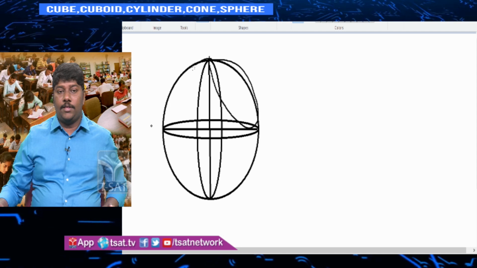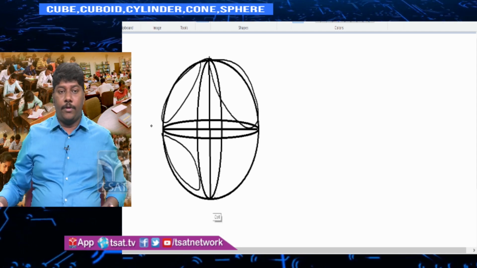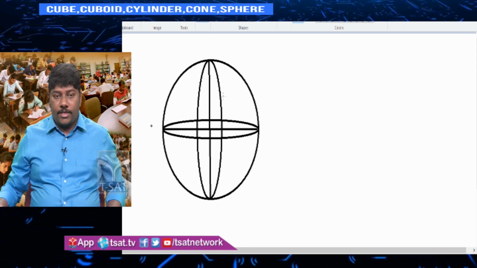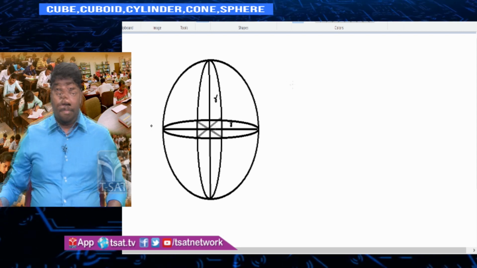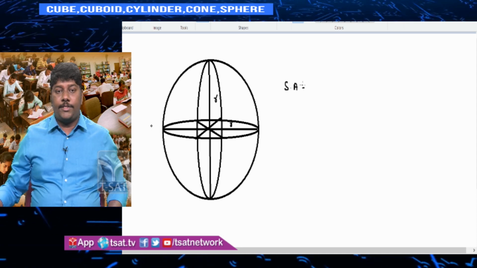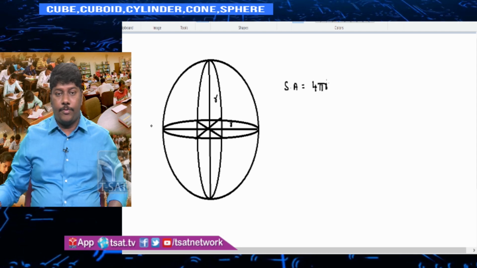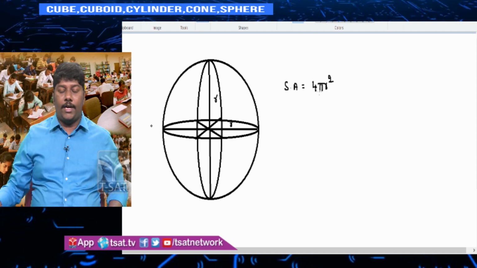This is one circle, circle 2, circle 3, circle 4. Remember these are all radius. The surface area of a sphere is formed by 4 circles with the same radius as the radius of the sphere. So, it is 4 pi r square.